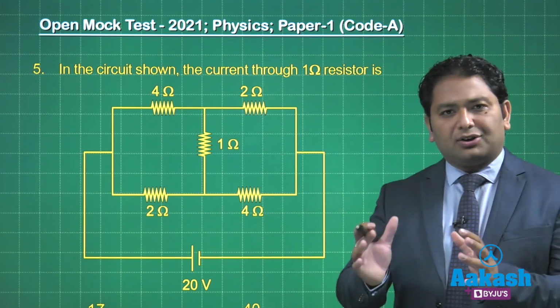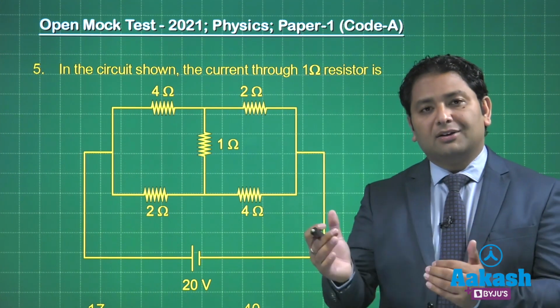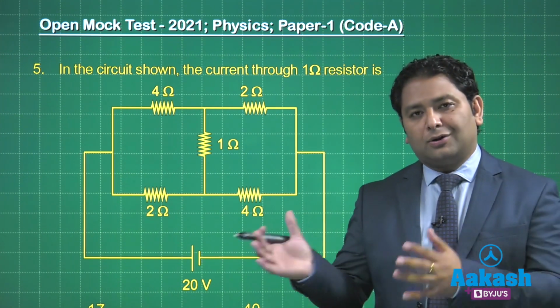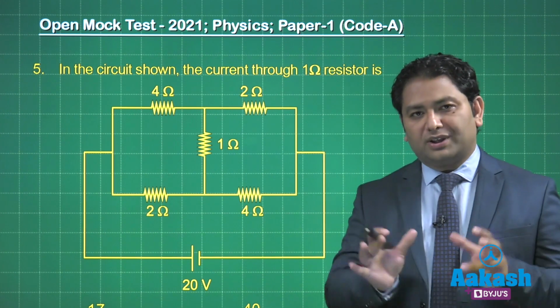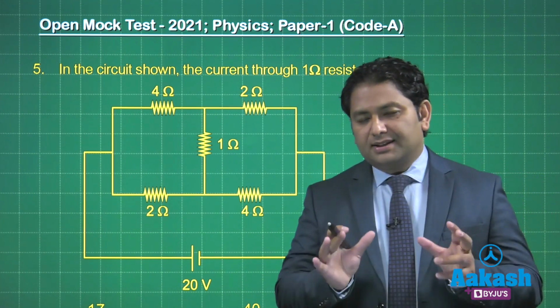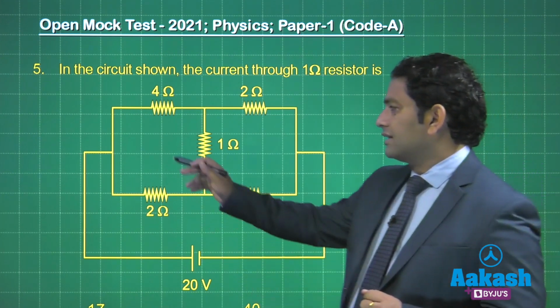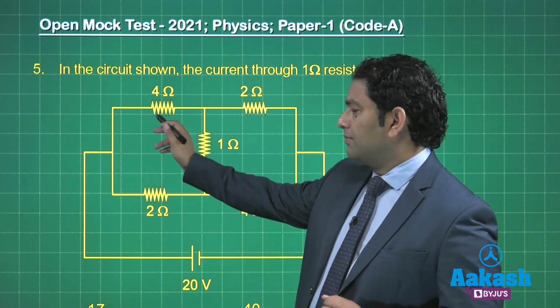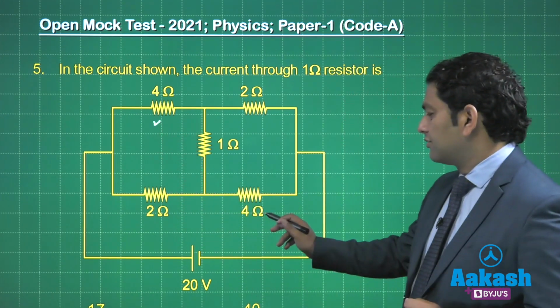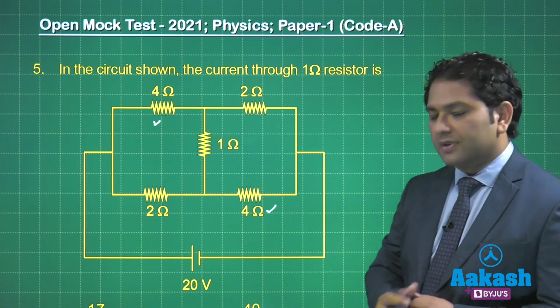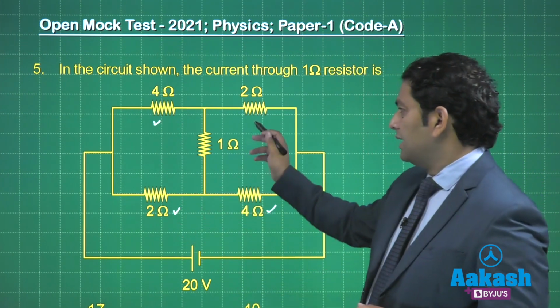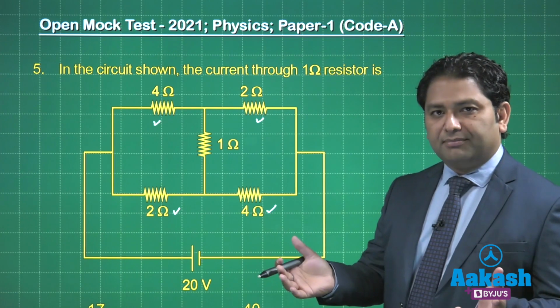Let me share a method which I personally like in order to solve the shifted Wheatstone. The logic, the symmetry of the problem is that whatever current passes through 4 ohm here, the current through this would also be same. The current through this 2 ohm and this 2 ohm would be same, right?